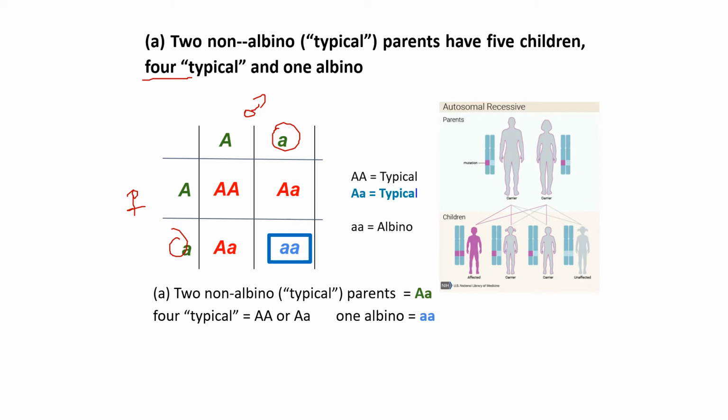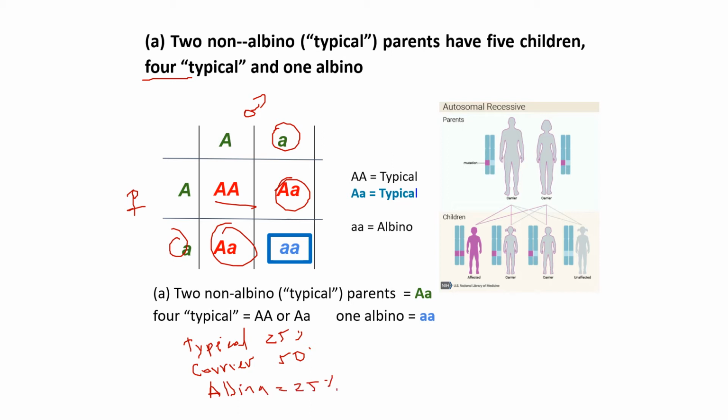If you cross the two carriers, you get one typical, which is 25%, two carriers, which is 50%, and the albino, which is 25%.